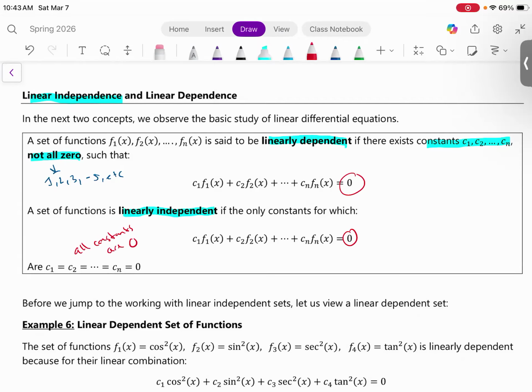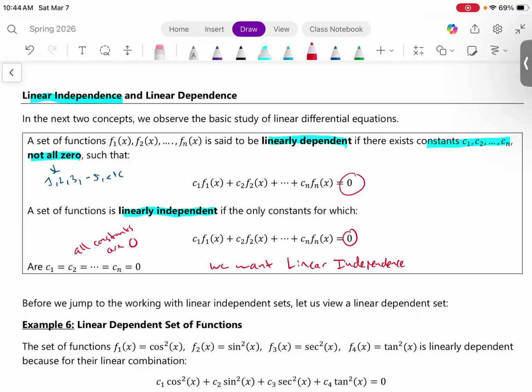And so we want linear independence. That's what we want. That's the only way we can build up our solutions to these differential equations.